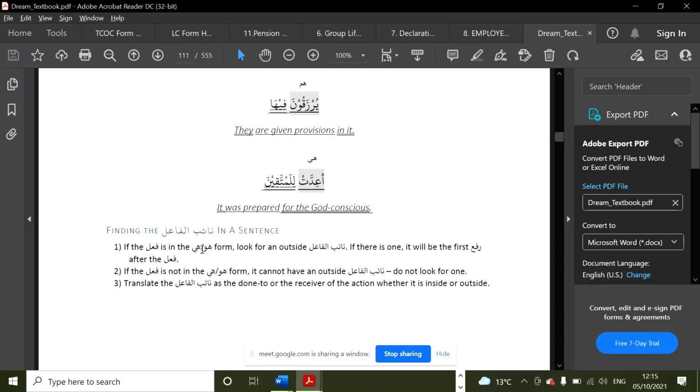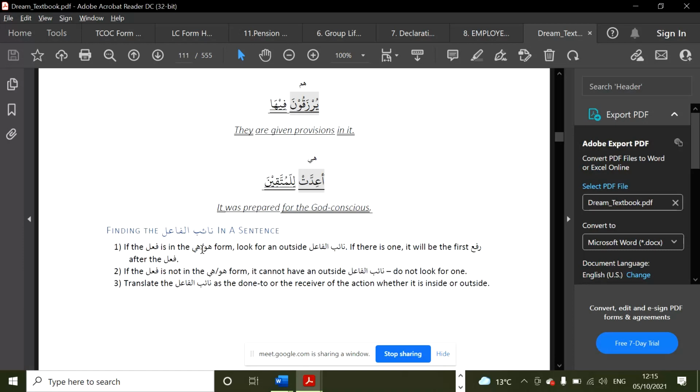We do not have an outside doer, because fi is jar and ha is majroor, so it is jar majroor. It's not in rafa state. Our naibul fa'il is hum. So that's why we translate it as they are given provisions in it.